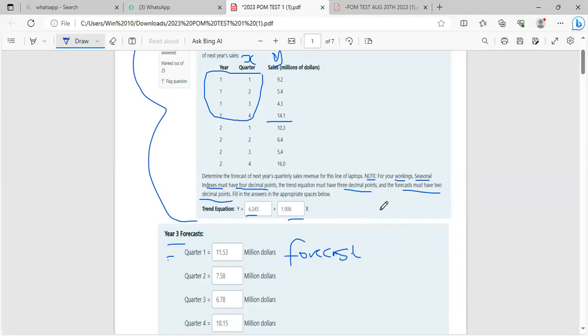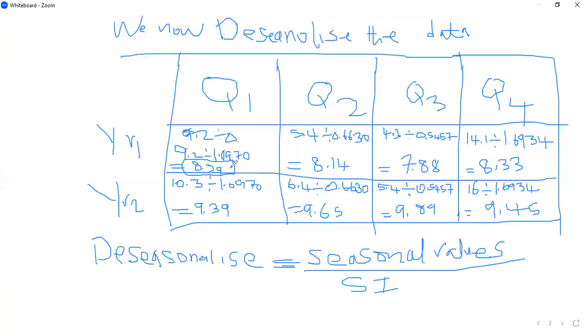So meaning that the deseasonalized cells must also use 4, because the seasonal points are using 4. So here we can also revise these to 4.